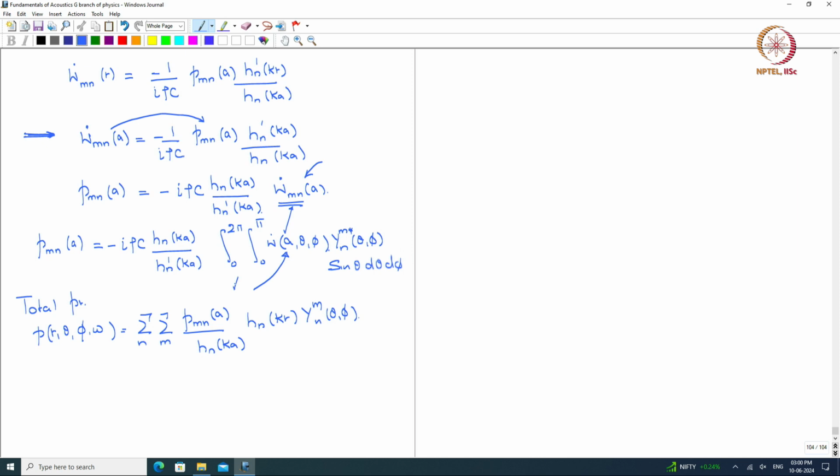What happens is we have p (r, theta, phi) at a single omega given by the n sum, given by the m sum.